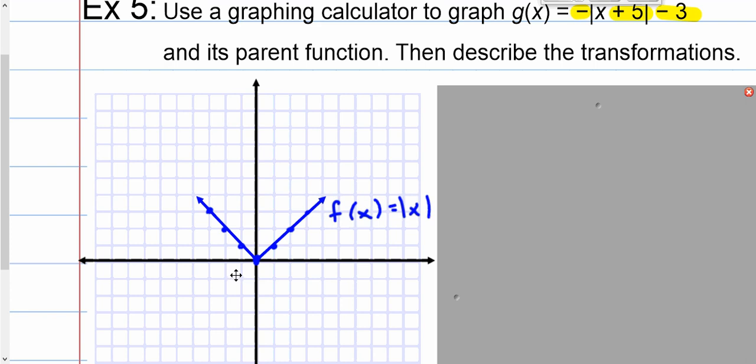The first point that I'm going to plot is going to be -7, -5. So let's go over 1, 2, 3, 4, 5, 6, 7, down 1, 2, 3, 4, 5.